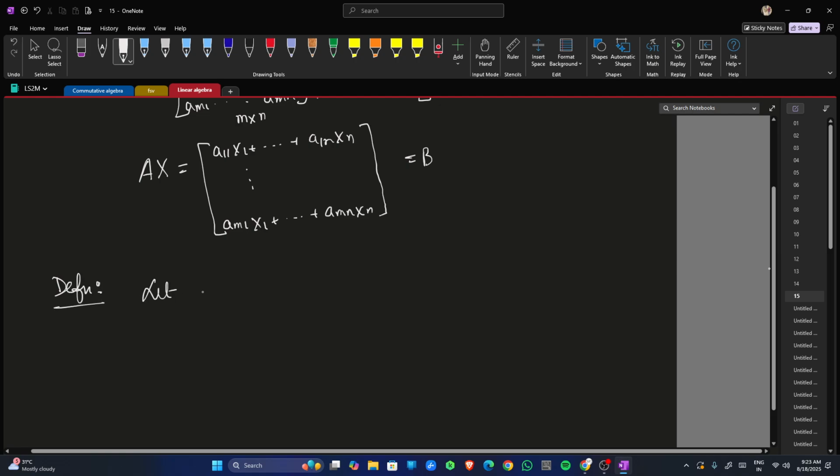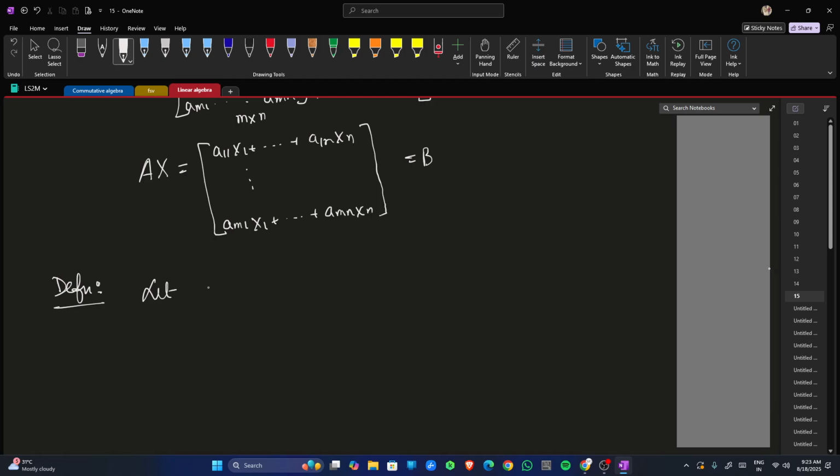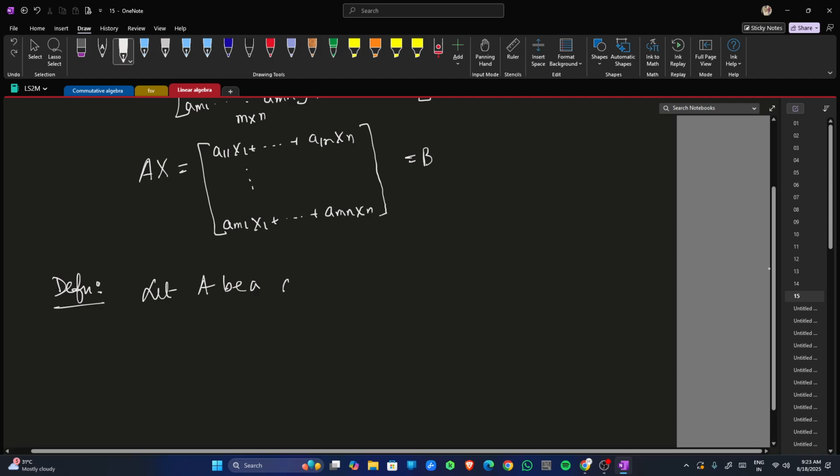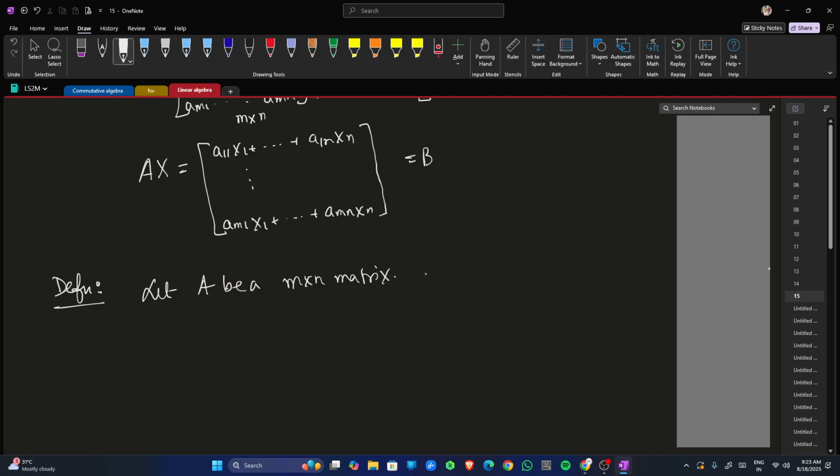Let A be an m cross n matrix. So we define the elementary row operation on A as follows.